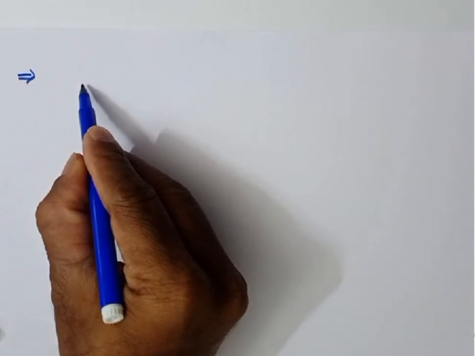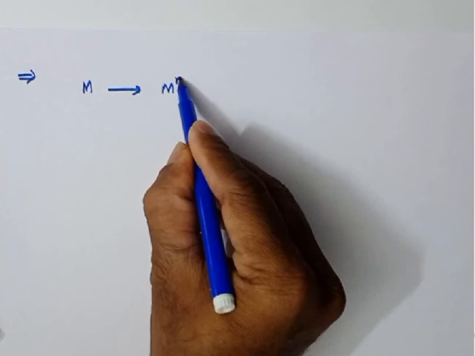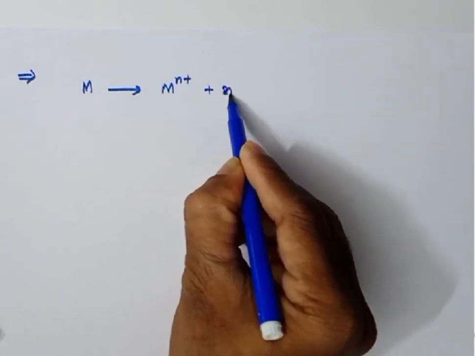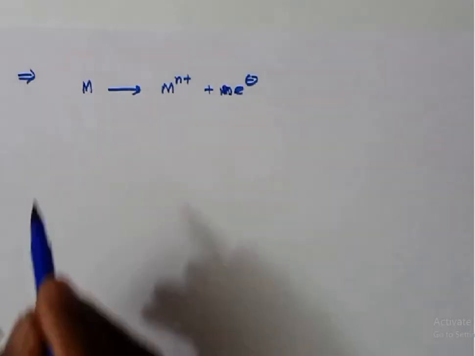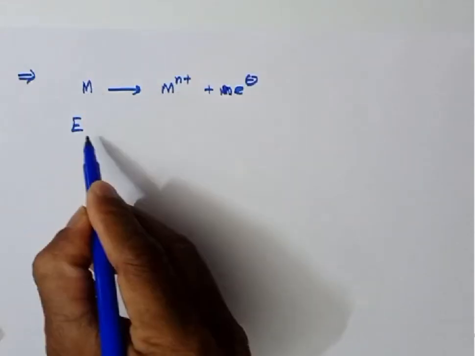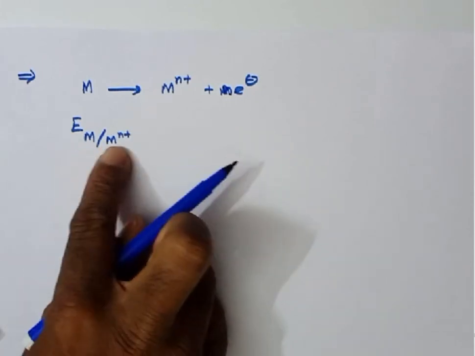Students, observe carefully. When a metal becomes a metal ion and releases electrons, this is called oxidation. So here the metal becoming a metal ion is called oxidation potential.